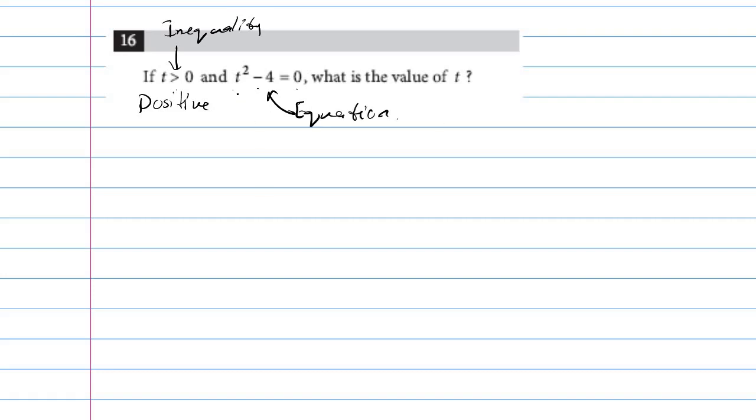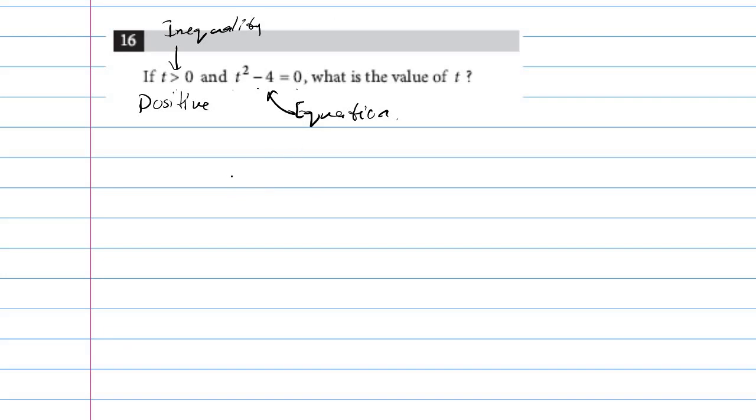Whenever you're given both an inequality and an equation, I would suggest going for the equation first, because that gives you a definitive answer or answers, whereas with the inequality, when you say t greater than 0, t is positive, but there's a whole lot of positive numbers. So the equation will give you the most information, and then maybe you can use the inequality to analyze the answers more.